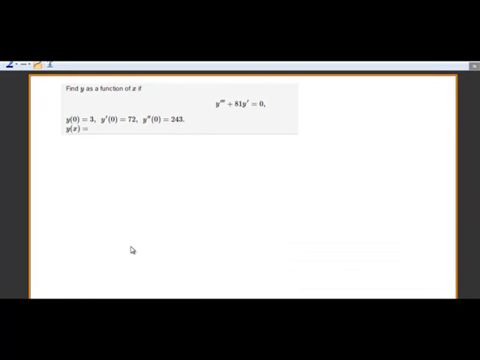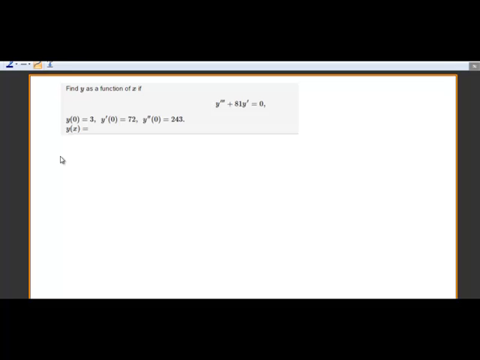What will happen in this problem? We have a third order differential equation, but coefficients are still constant. It's not necessary that it has to be second order. If it's third order homogeneous with constant coefficients, you can still use the same approach.